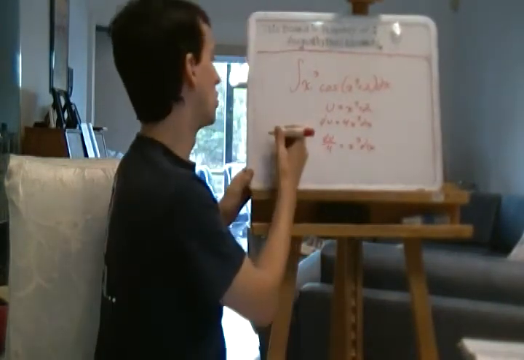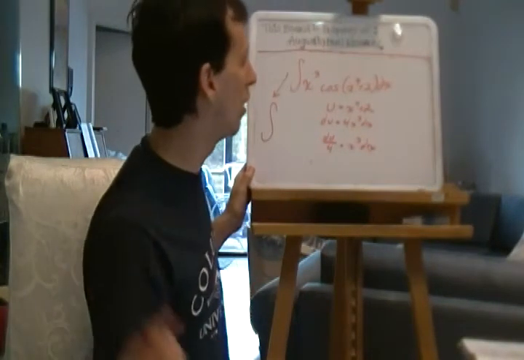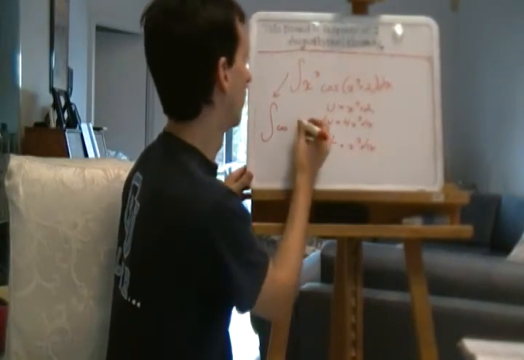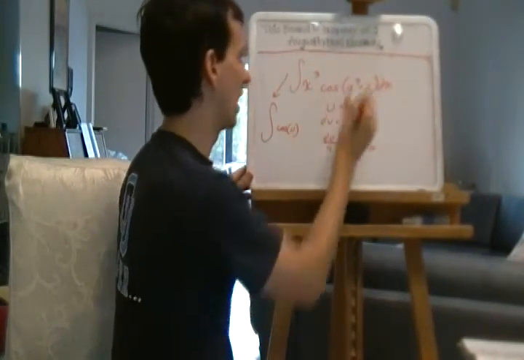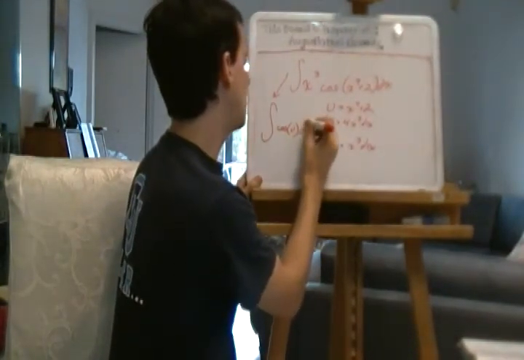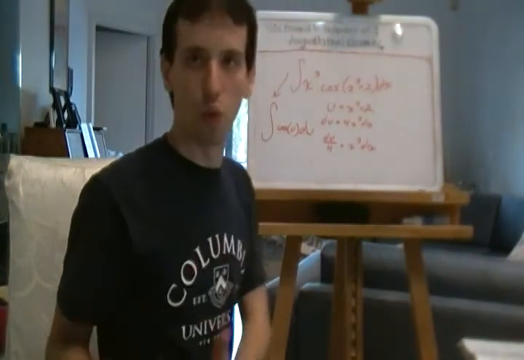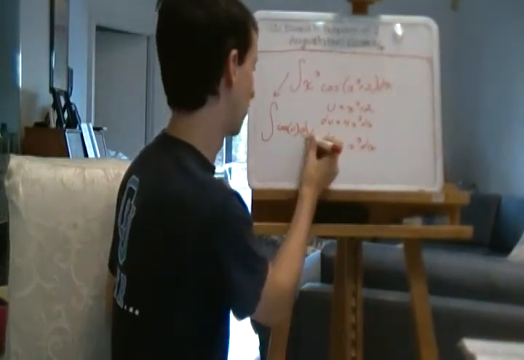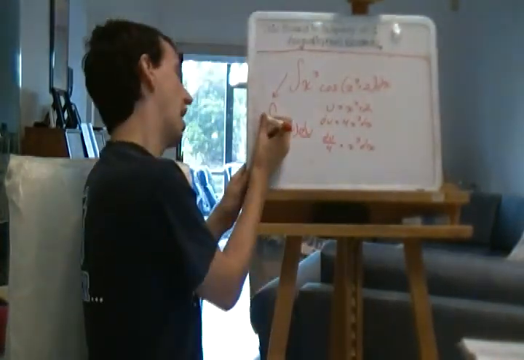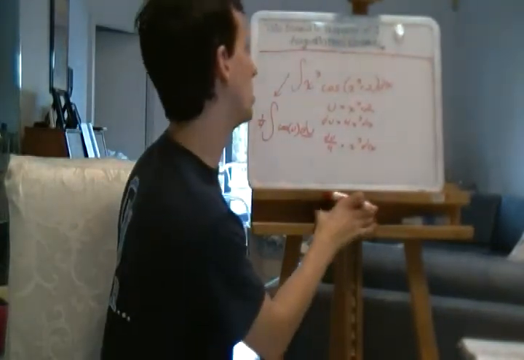So this integral is equivalent to the integral of cosine of u, because u is x to the fourth plus 2, du, but remember, we've got du over 4. It's 1/4 du. But 1/4 is just a constant, so we can take it outside of the integral. So it's 1/4 times the integral of cosine u du.